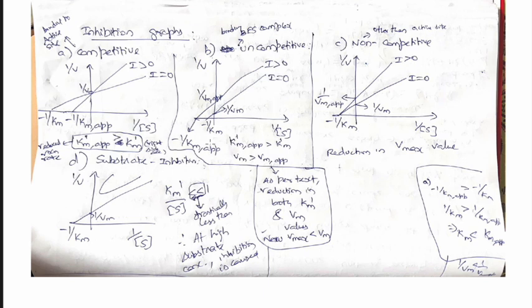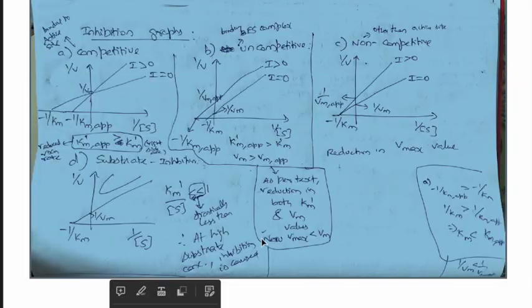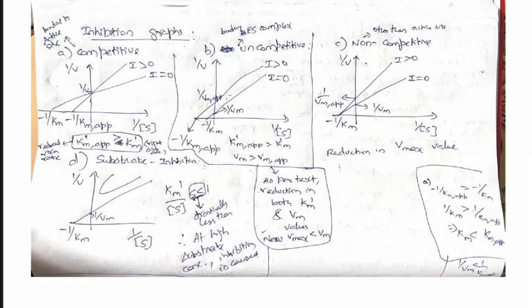Similarly, the same logic applies to Km, and we conclude that everywhere there should be a Km dash, because we have assumed a rapid equilibrium. So Km dash app is greater than Km dash, and Vm is greater than Vm app.